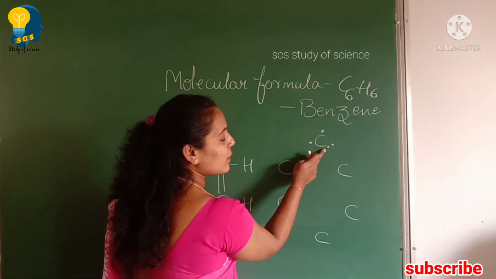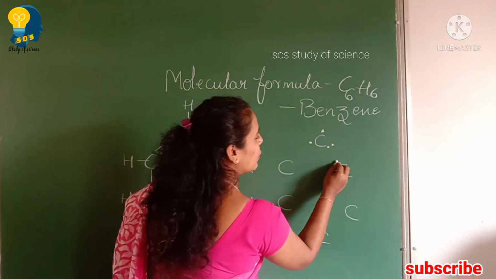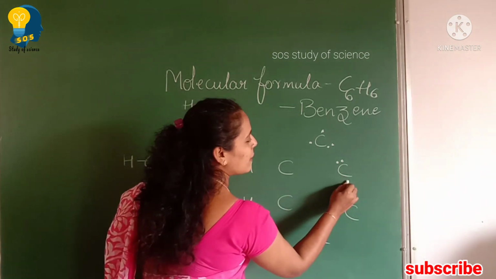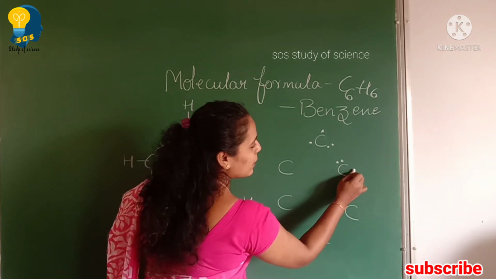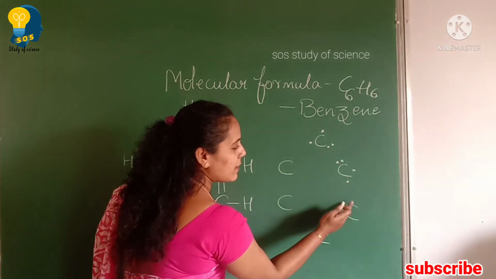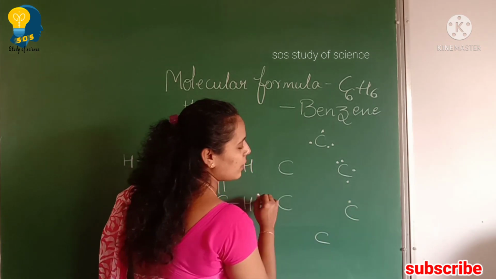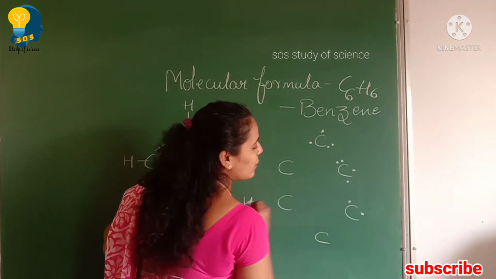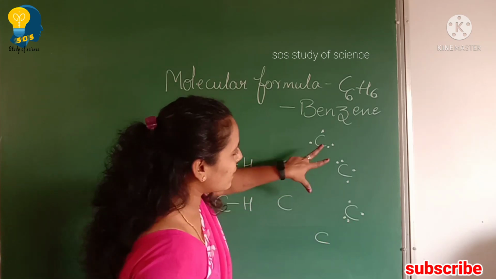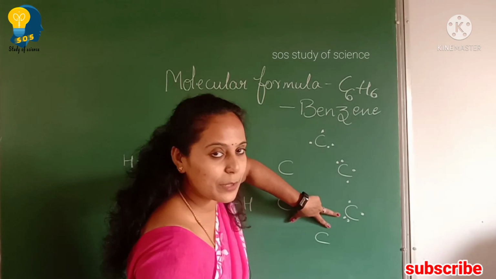If this carbon is sharing 2 electrons, the opposite carbon also has to share 2 electrons. Two electrons are shared, the third one is to share with the opposite carbon, and the fourth one is to share with the hydrogen. Similarly, when this opposite carbon is sharing 1 electron, this carbon has to share 1 electron, and 1 is to share with hydrogen, and again 2. You can observe here it is creating a double bond and then a single bond. Again it is creating the double bond.